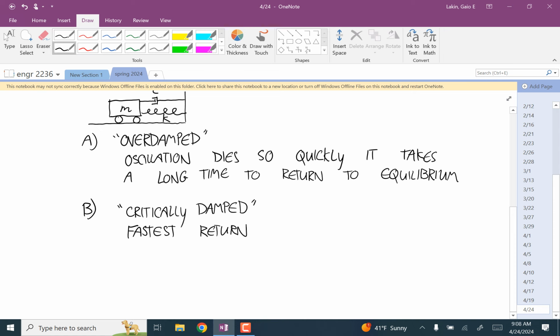So you can imagine if shocks in your car or whatever are oscillators, you want to design shocks so they return to equilibrium right away. You don't want to design them so you bounce up and down the road.